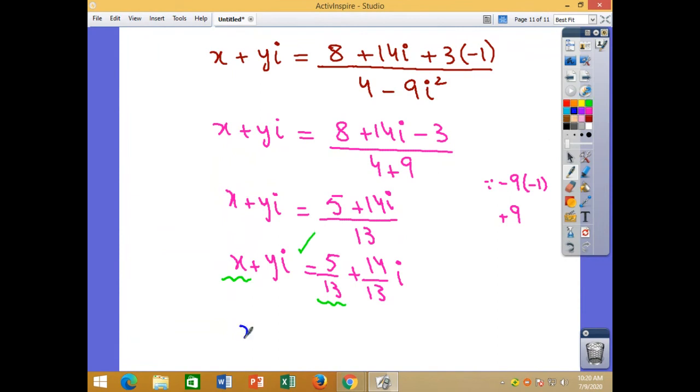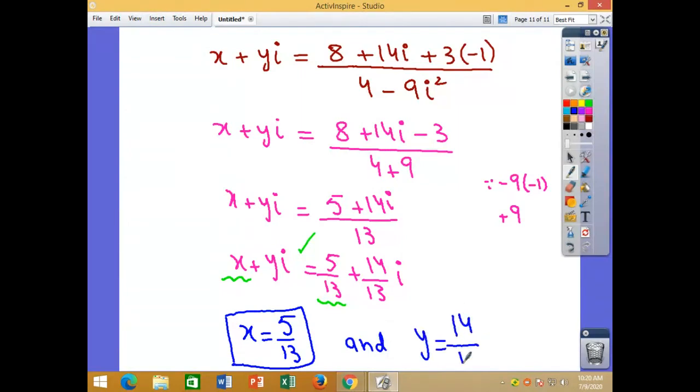Therefore, x is equal to 5 by 13, which is our required answer, and y is equal to 14 by 13, which is our required answer. We equate the real part with the real part and the imaginary part with the imaginary part, because both complex numbers are equal.